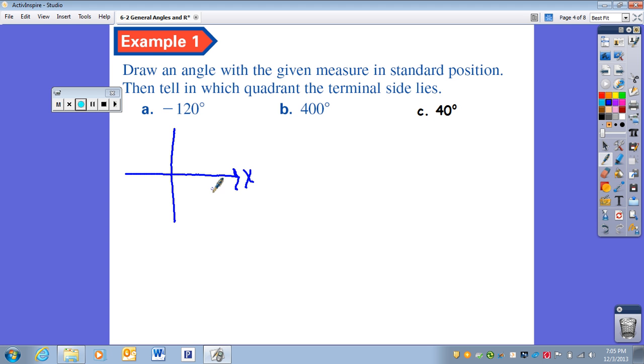The first thing that we need to remember is that the negative direction is going clockwise. So we do have this measurement of 90 degrees, our right angle, and then we need to just estimate by adding in another 30 degrees, and this would be our angle that is 120 degrees, which is negative.